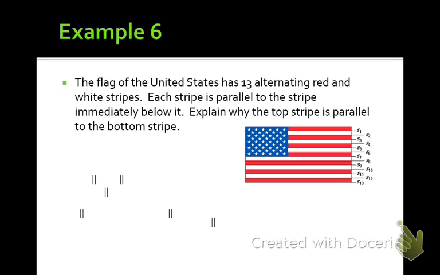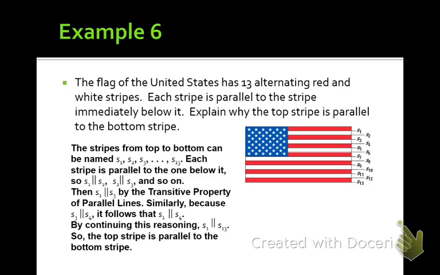The flag of US has 13 alternating red and white stripes. Each stripe is parallel with the stripe immediately below it. Explain why the top stripe is parallel to the bottom stripe. Well, we just talked about it. Why is S1 parallel to S13?